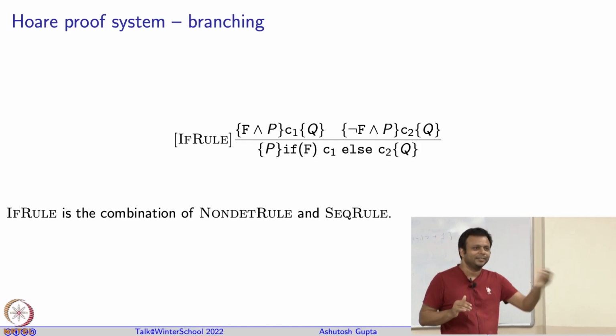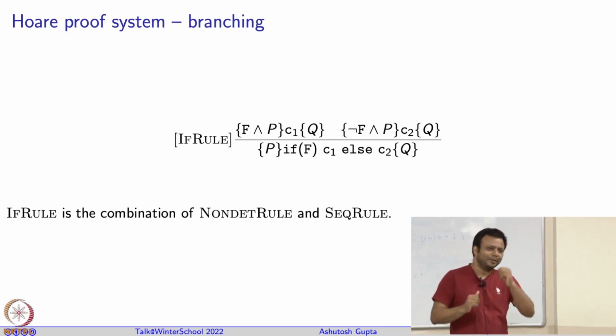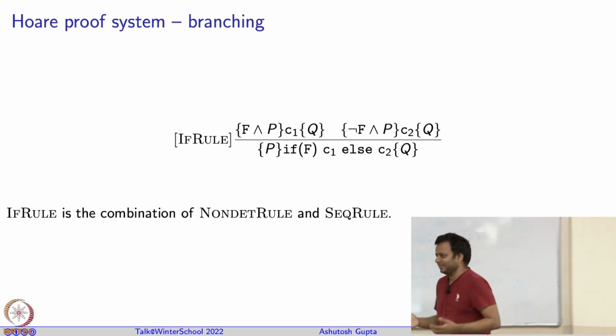If the condition is true, I still get in q. If it's false, it also gets in q. Therefore, I am always going to get in q. Very simple, nothing complicated about it.